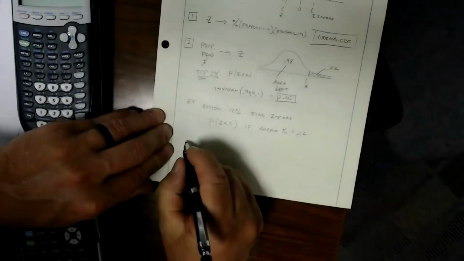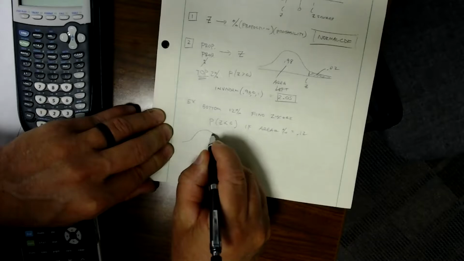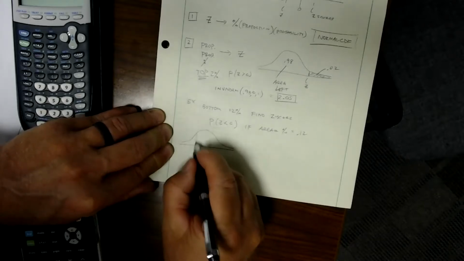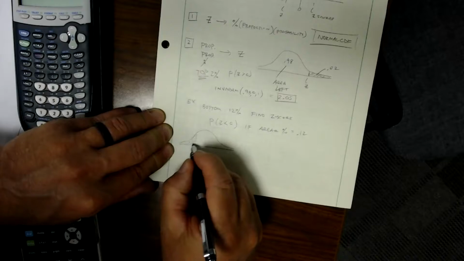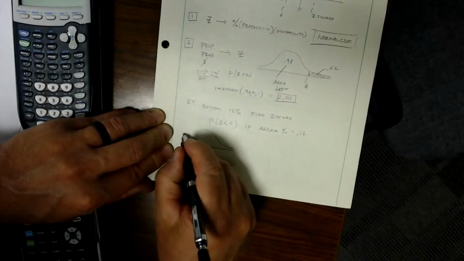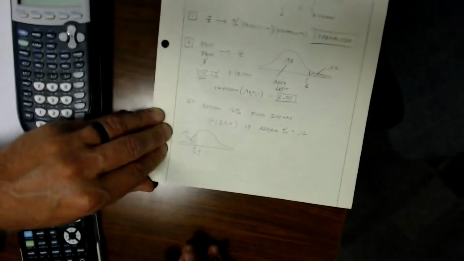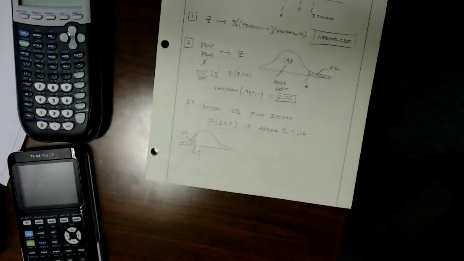Again, you should draw a picture of this, just so that you have a feel for what that's looking like. You should say, okay, well, there's 12%. And then of course the question is, what's that location right there? I can now see it's negative, right? You better get a negative Z-score for this. That's clear now.